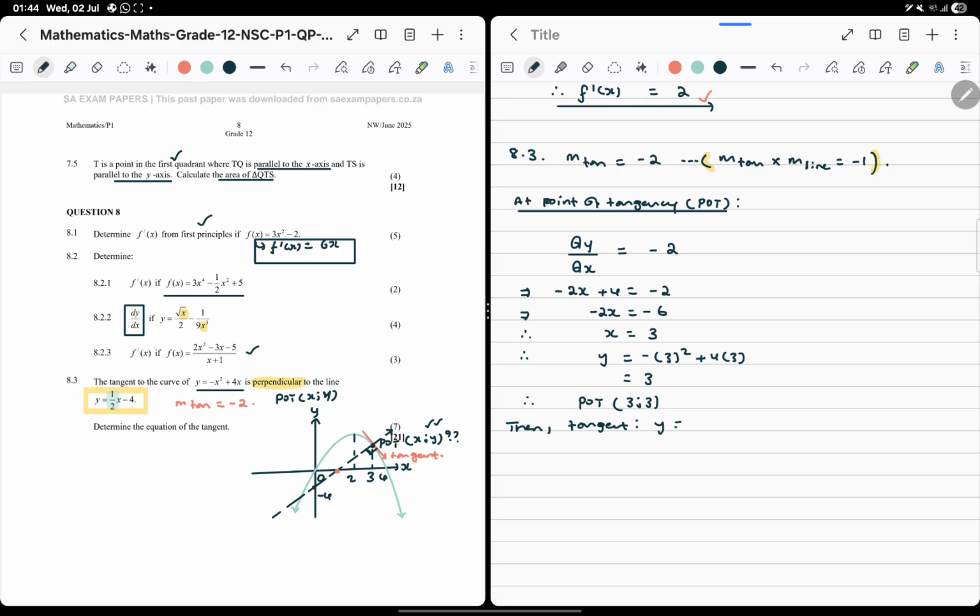Now what we can say then, our tangent is y equals -2x plus c, and now we take our port and substitute, which tells us that c should be, this is -6, becomes 9, therefore y is -2x plus 9.